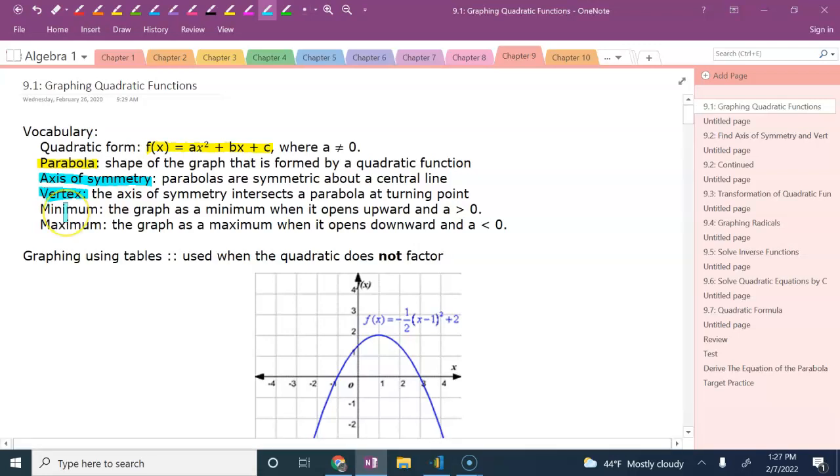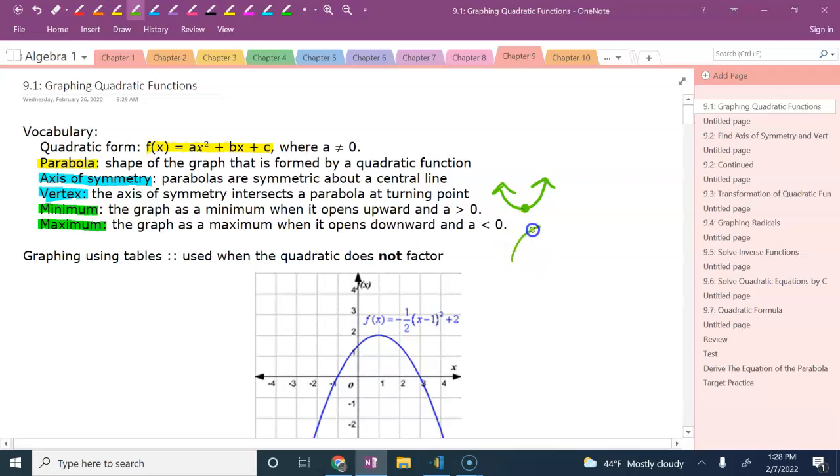If a graph is opening upward, it's going to have a minimum value, so the vertex would be a minimum. If the graph opens downward, that tells us it has a maximum value. For example, a minimum graph would open up like this, and the vertex would be at a point like down there. That vertex point would be the lowest point, which is why it's called a minimum.